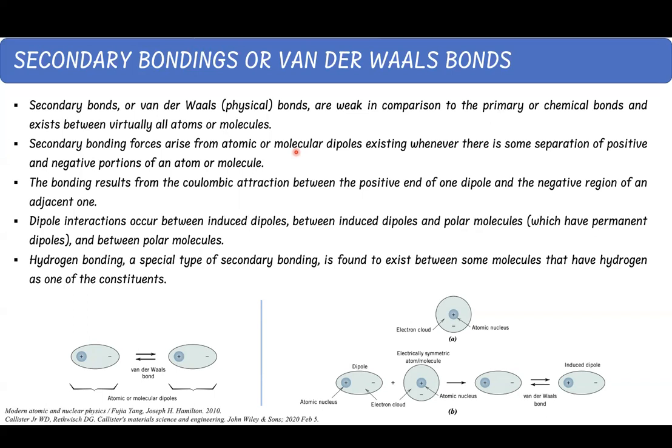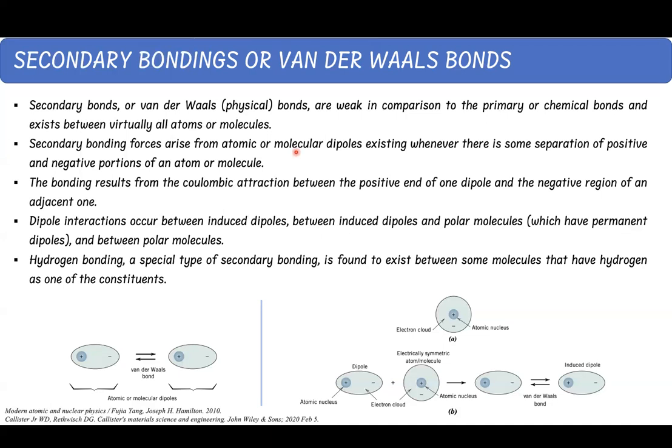For example, there is attraction between two dipoles, and in that case these could be dipole-dipole molecules, or one is a dipole and the other is an induced dipole, or between two polar molecules.